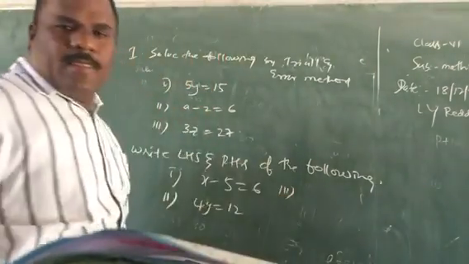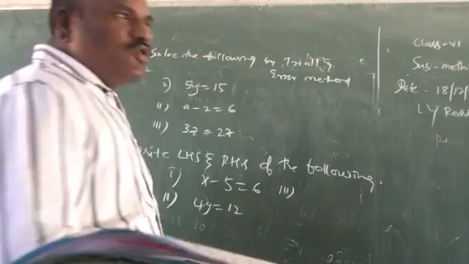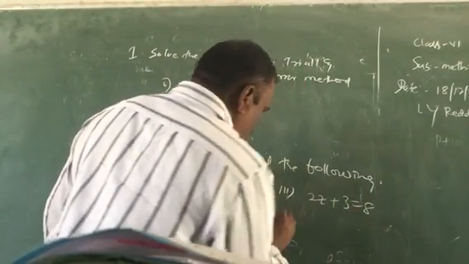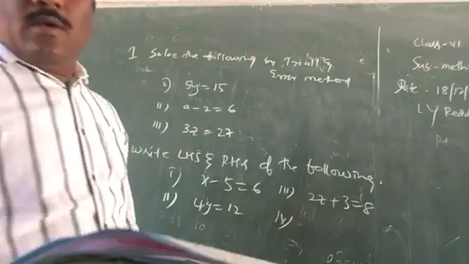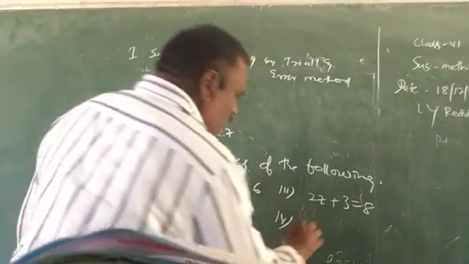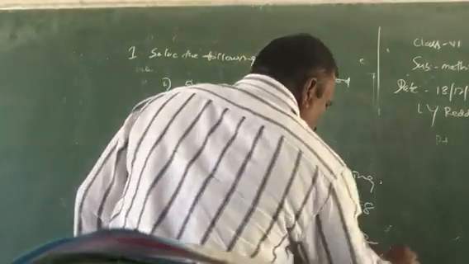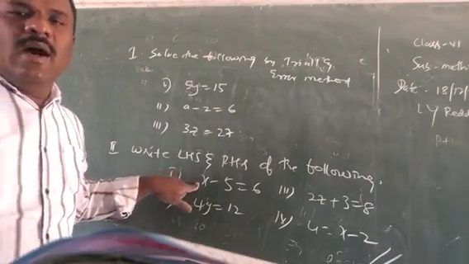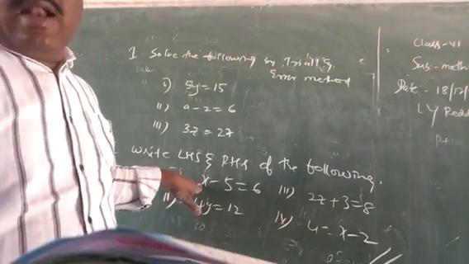Number 3, 2z plus 3 equal to 8. Number 4, 4 equal to x minus 2. For this you can write down LHS and RHS in your classwork.